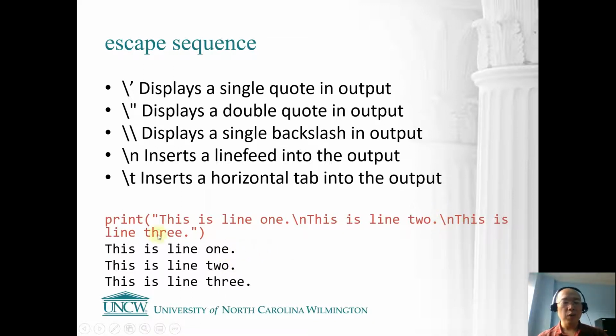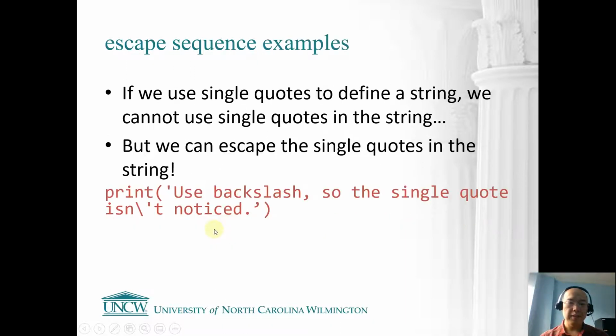So even though we use just one line and one print statement, we printed 3 lines of the content. Okay, well, here is another thing. If you want to define a string starting with a single quote, ending with another single quote, but inside there happens to be another single quote, what can you do?